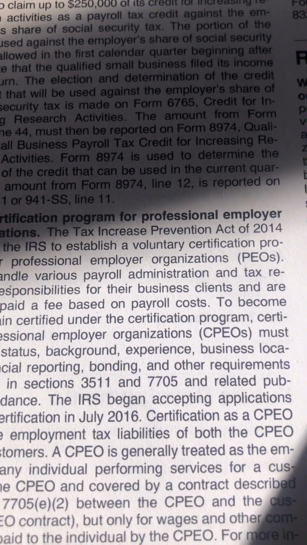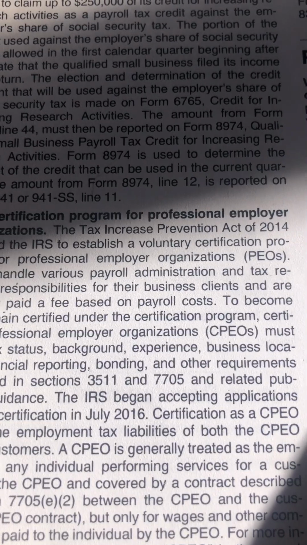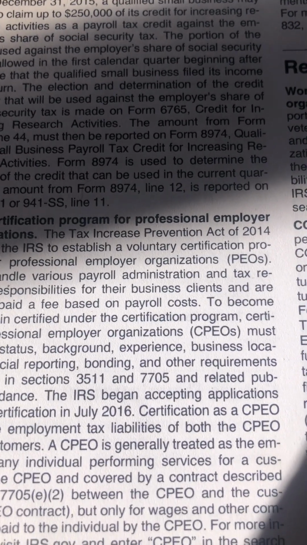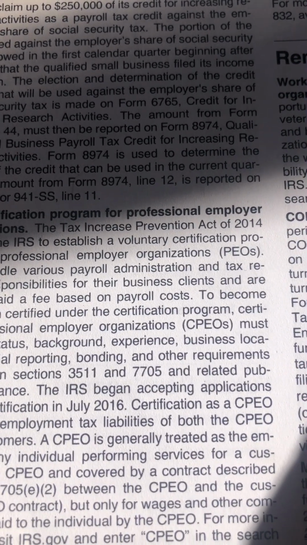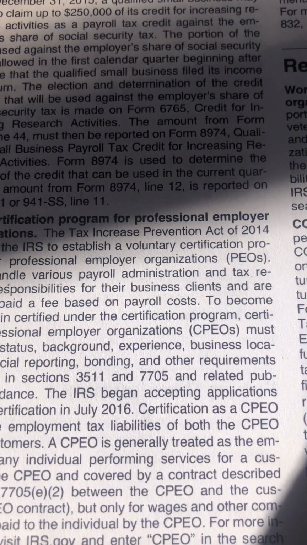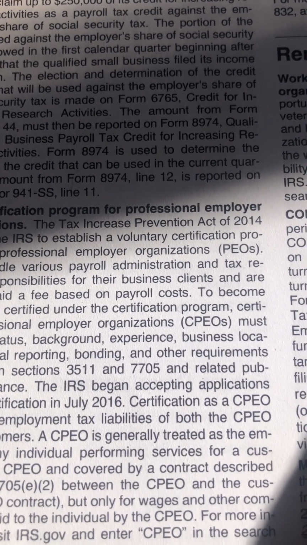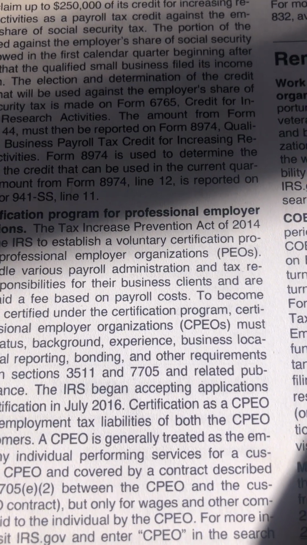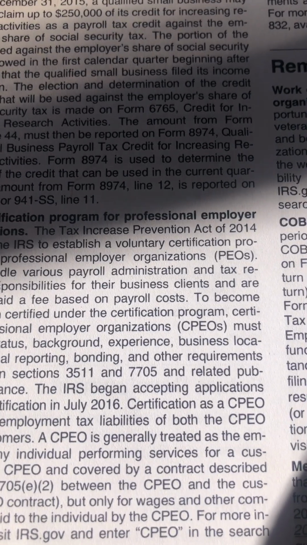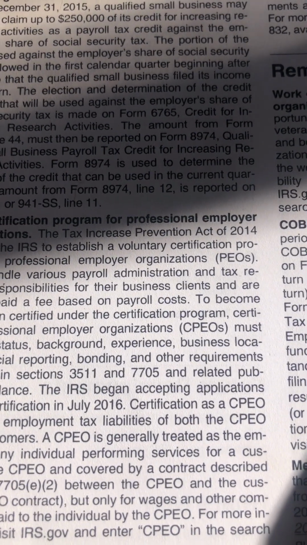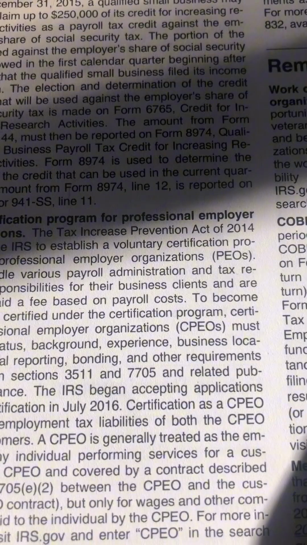And the election of that credit is made from Form 6765, credit for increasing research activities.